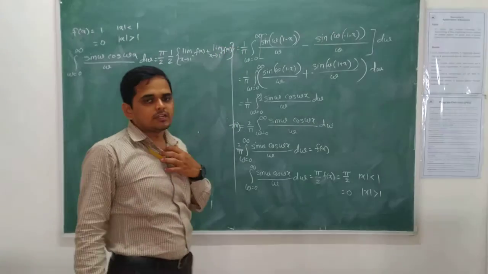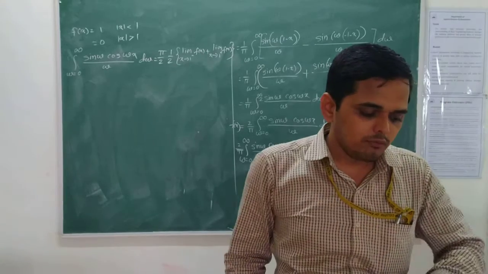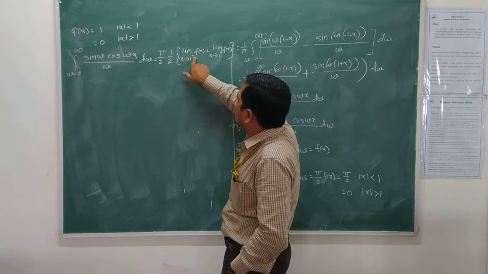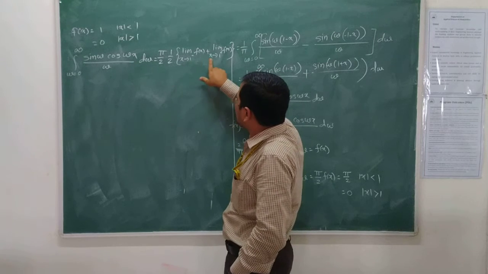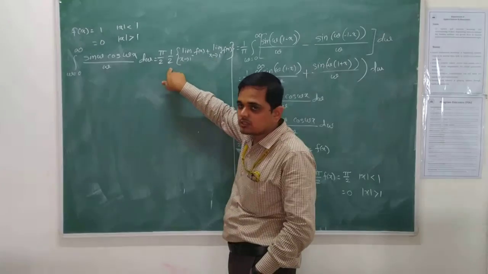When a function is discontinuous at a particular point, to find its functional value we follow this rule. When I say x tends to 1 minus, that means this is the left hand limit and this is the right hand limit. We take the average of the left hand and right hand limits.